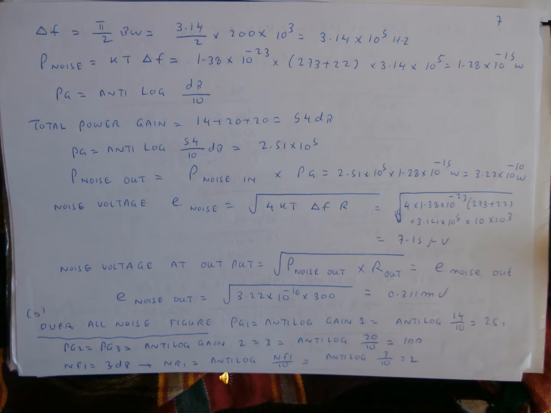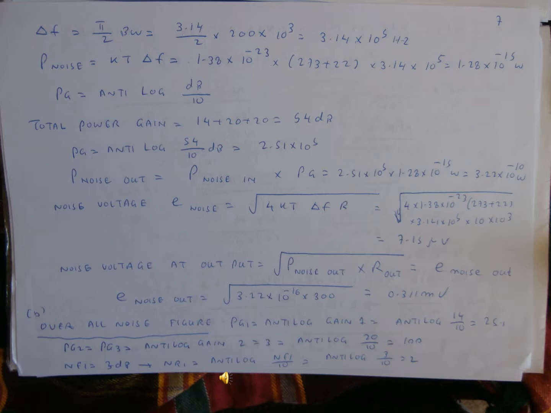Now the noise power output is noise power input multiply PG, so 2.51 multiply 10 power 5 multiply 1.2 multiply 10 power minus 15 watts, so 3.22 multiply 10 power minus 10 watts. The noise voltage output E noise equals square root of 4 kT delta f R, so square root of 4 multiply 1.38 multiply 10 power minus 23 multiply 273 plus 22 multiply 3.14 multiply 10 power 5 multiply 10 multiply 10 power 3, so 7.15 microvolt.